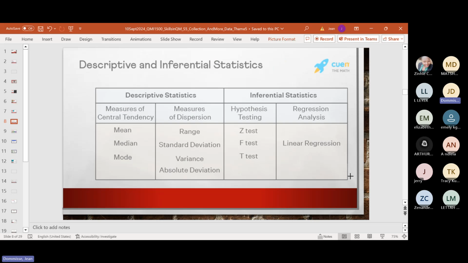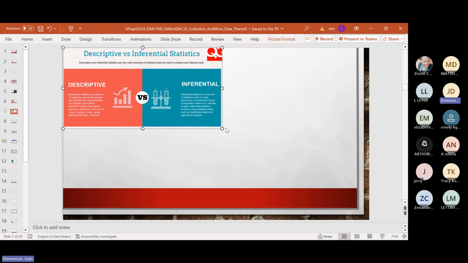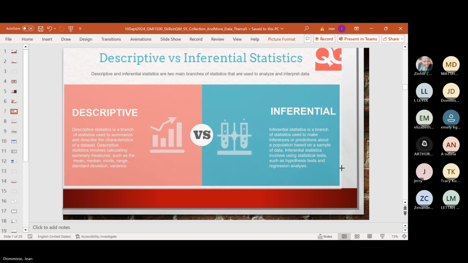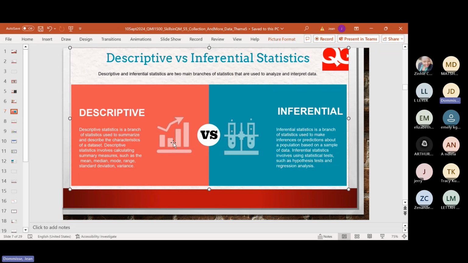Because what they might ask you is a theoretical question. They might give you four statements about what descriptive stats is.